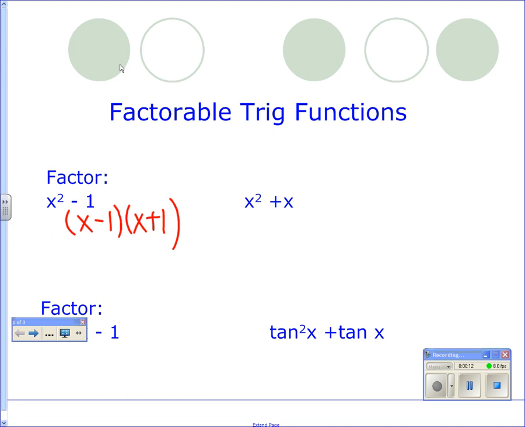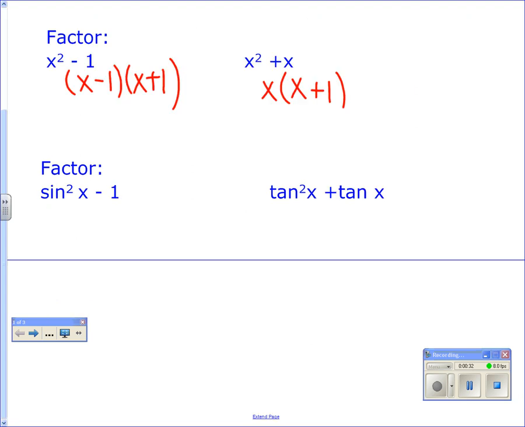How would you factor it? Does that make sense? We signed both of those before. Alright, so what we're looking at now are ones where we've got sine, cosine, tangent.